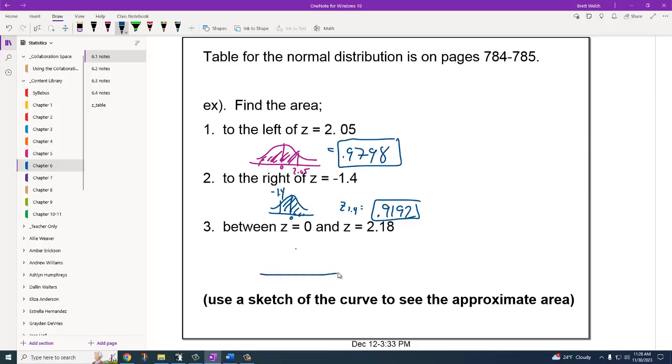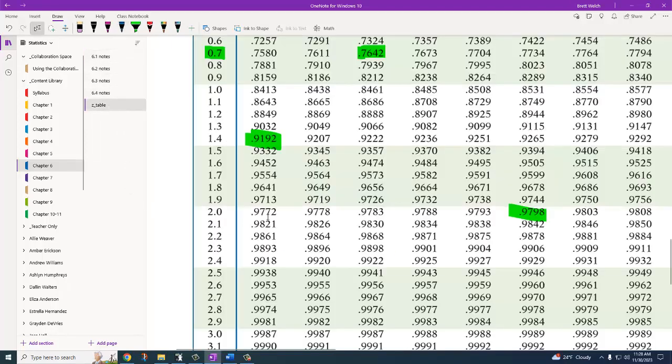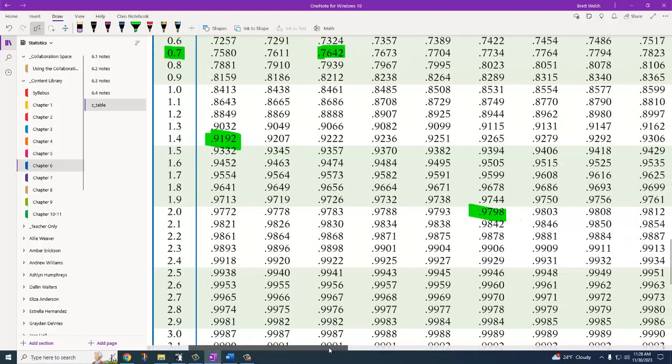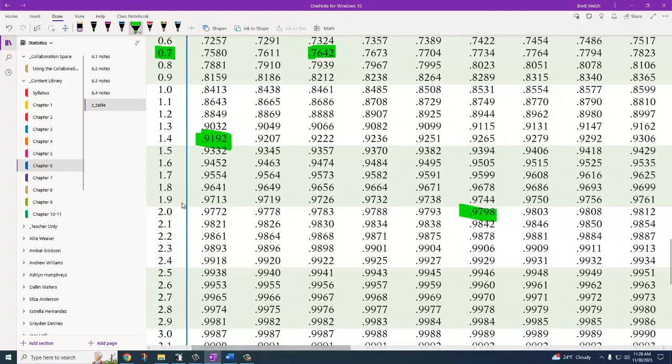And then here we have between 0 and 2.18, which should be this middle space. So I need to find the two probabilities and subtract them. Always the right value minus the left value. So I'm looking for 2.18. 0, 1, 2, 3, 4, 5, 6, 7. I have to go over some more. 8.